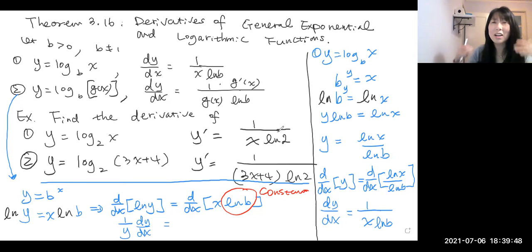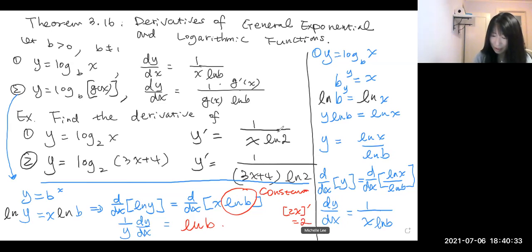Let me say one more time. If we take the derivative of 2x, you said that we have a 2, correct? And then we take the derivative of x ln b. ln b is the constant, like the 2.